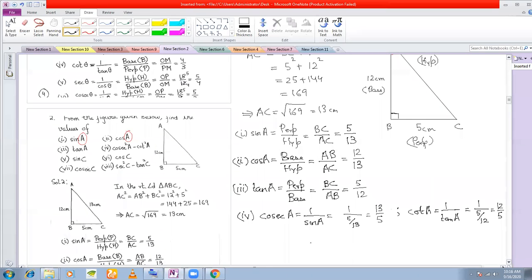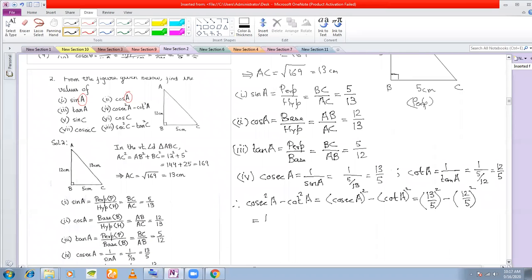So therefore what should be cosec square A minus cot square A? Remember, cosec square A, I told you, is nothing but the square of cosec A, and cot square A is nothing but the square of cot A. So this is 13 by 5 whole square minus 12 by 5 whole square.